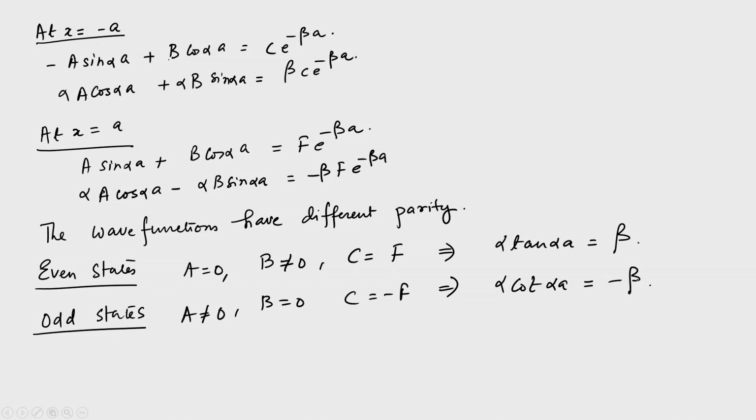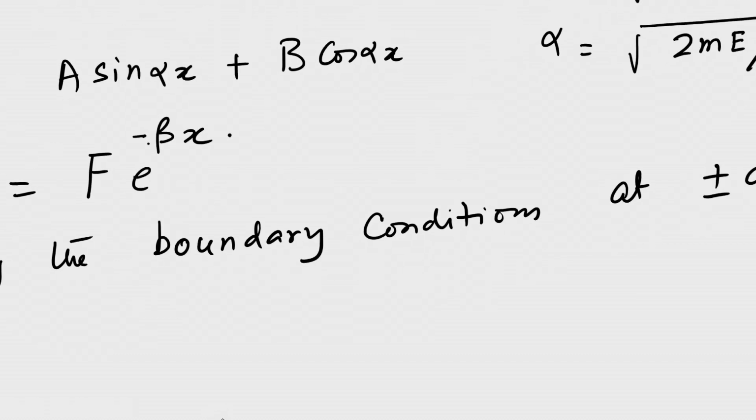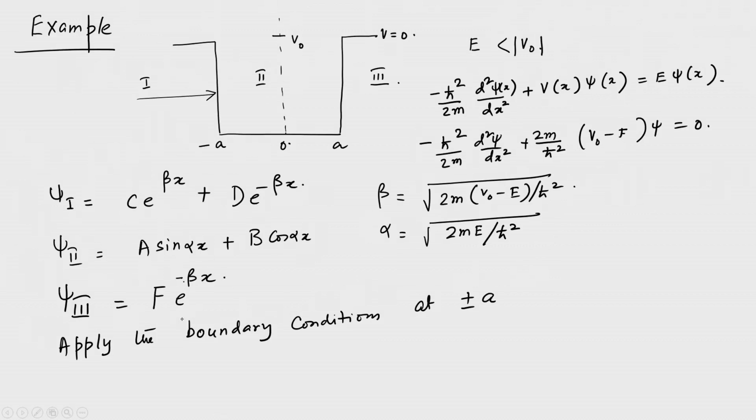And you see this in your quantum mechanics book. Let's just go to that. Why for even states you will have A equal to 0? Because your solution is A goes with a sine. Now, if x changes sign, sine changes sign as well, right, because sine is an odd function, cos is an even function. So, for even states we want the odd term to go to 0.